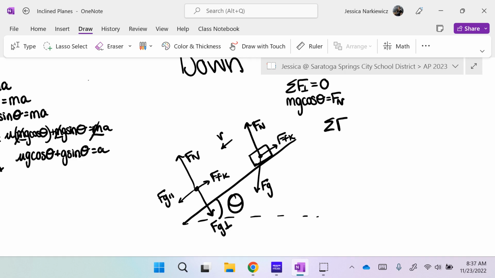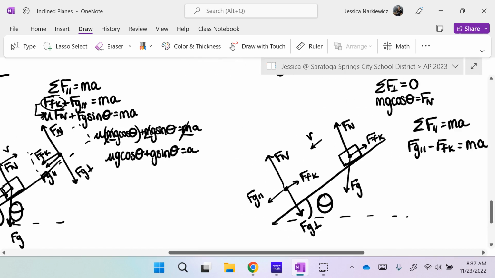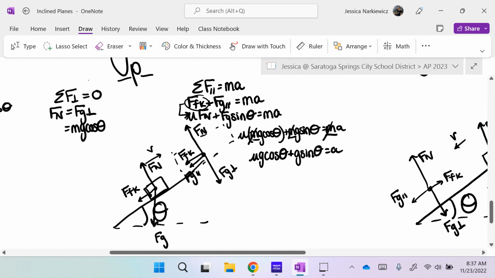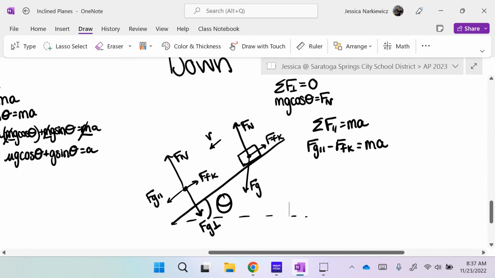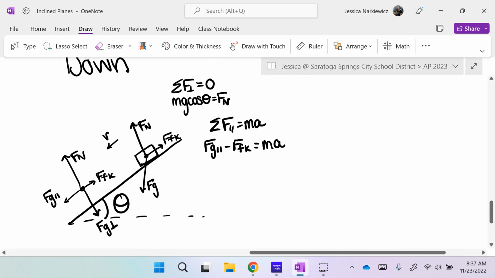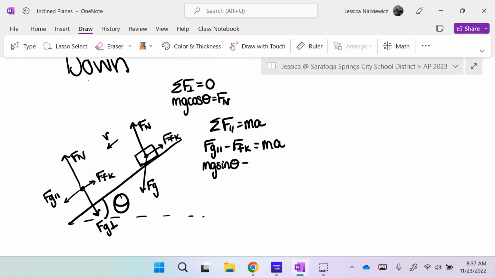And then parallel, big difference here. Instead of Fg parallel and the force of friction getting added together, they end up subtracting. So what that means is when we go up the incline, we have a larger net force, therefore a larger acceleration than when we go down the incline. So that's going to impact the distances traveled or the amount of time it takes to travel the same distance. Okay. So Fg parallel, mg sine theta, and the force of kinetic friction is going to be the exact same as it was for the last one.